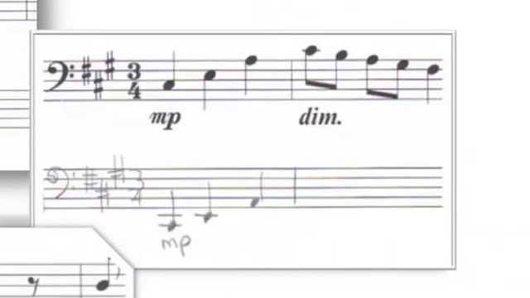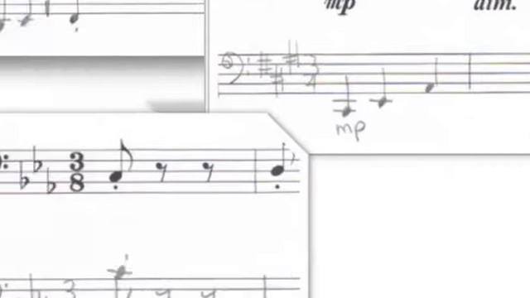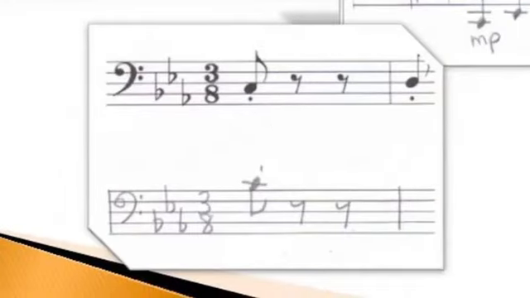In the next example, in the bass clef, it would be transpose this down 1 octave in the bass clef. And then in this third example, again, it's in the bass clef. The question would have been, transpose this up 1 octave in the bass clef.